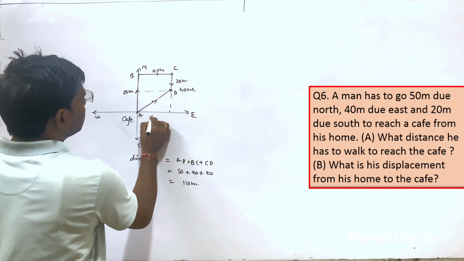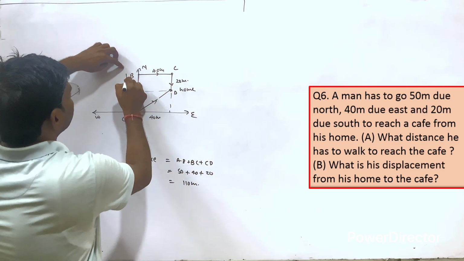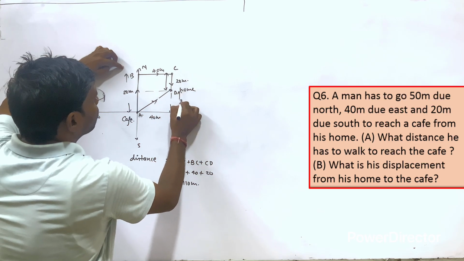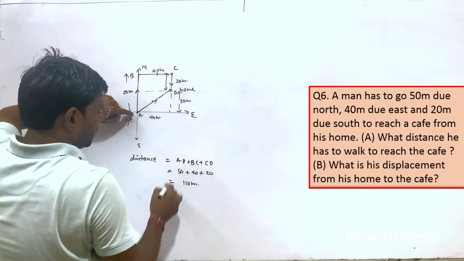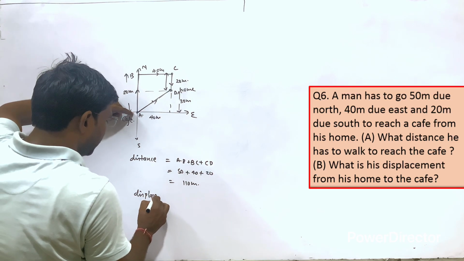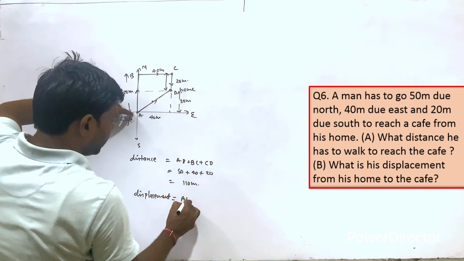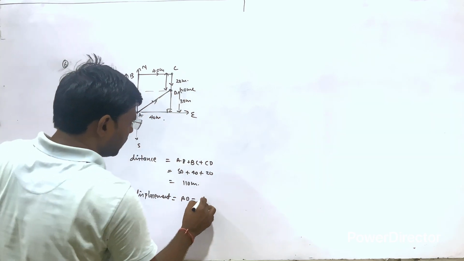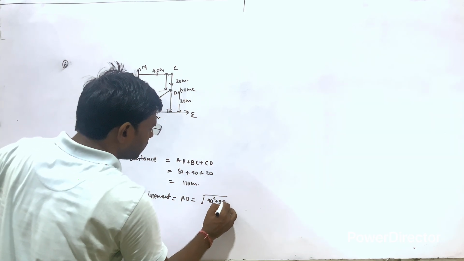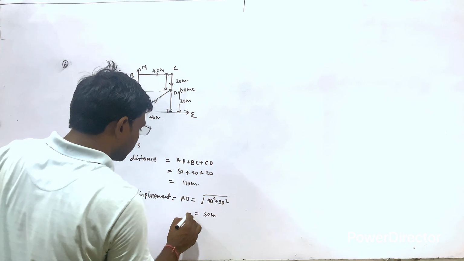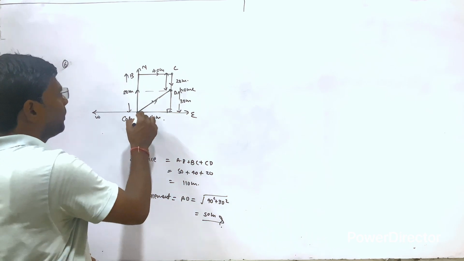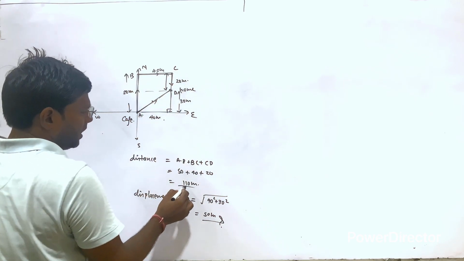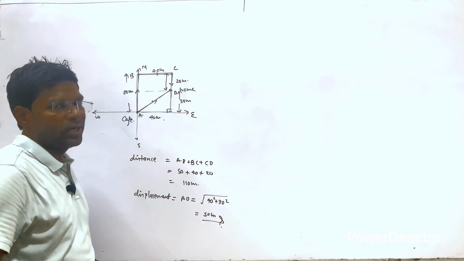If this is the 40 meter, if this is the 50 meter and you subtract the 20 meter, the remaining thing will be equal to the 30 meter. So what is the displacement? The displacement, which is equal to AD, right? This is the AD, and this is the right angle triangle, right? Root over 40 square plus 30 square, which is equal to the 50 meter. So the displacement of the person is 50 meter, and the distance covered by the particle will be the path length, which comes to be 110 meter.